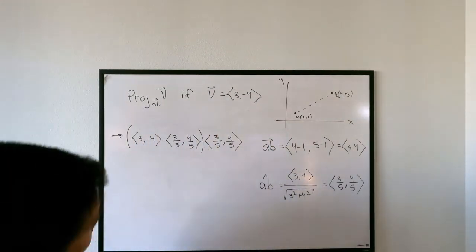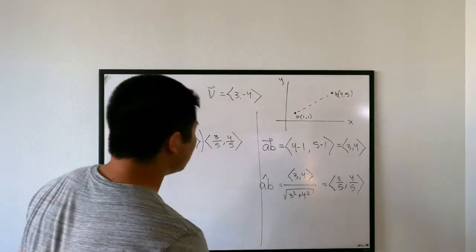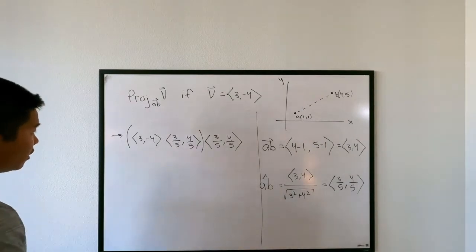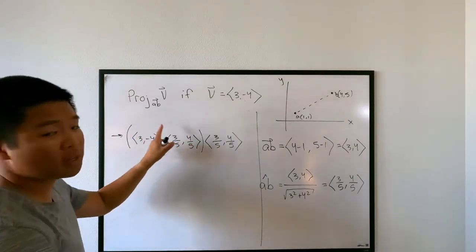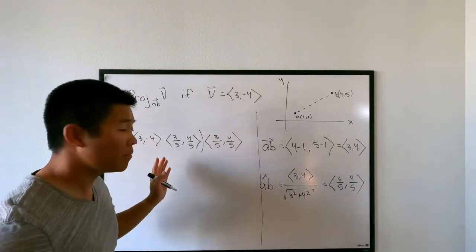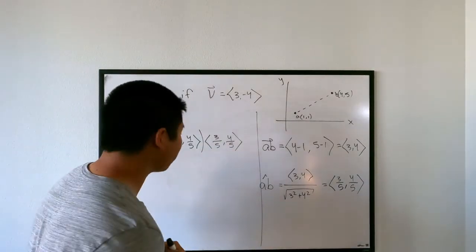Okay, so let's separate this, right? So we can work this math out right here. Remember, this is going to be a scalar. If you don't get a scalar coming out of this, then you done messed up somewhere, okay?